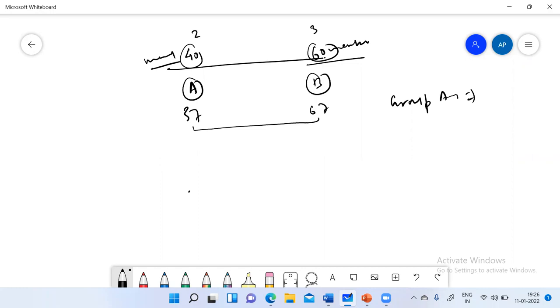Basically we have to do it in such a way that 3 will denote this side and 2 will denote this side.